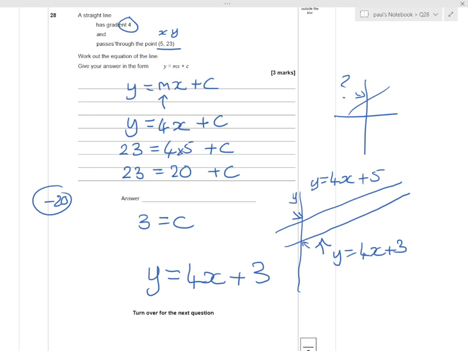So the only thing you need to know here is that if you have the same number, be it positive or negative, in front of the x, then these are parallel lines.